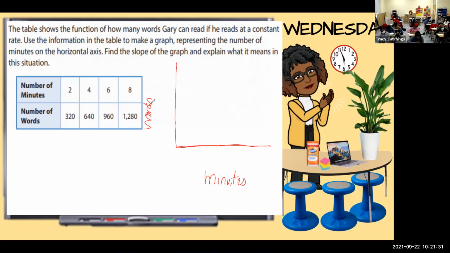Pass that back. But just remember the same process, follow the black lines, we only want the L. Give you some space in between, so you know we gotta add some numbers, so put minutes, put words.